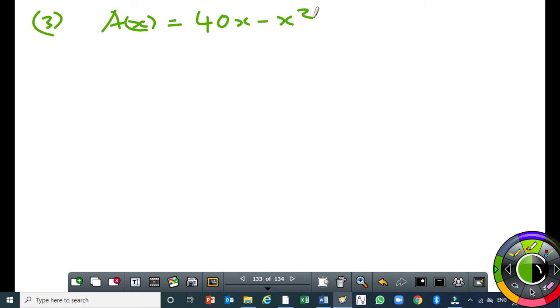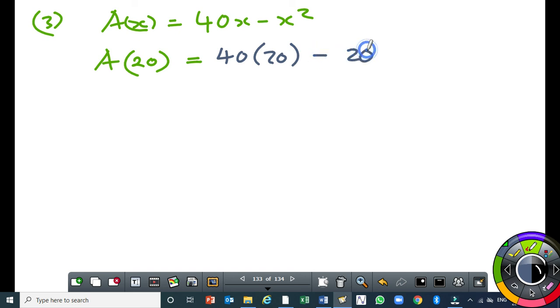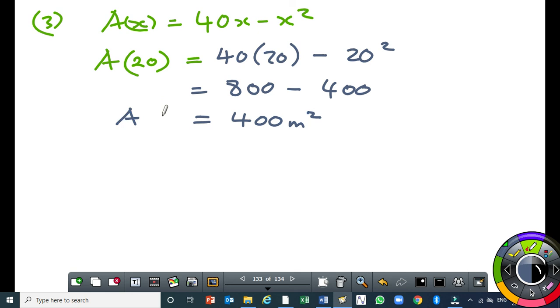To get it, I need to use the x value, which is the maximum as well. So this will be A(20). Remember, our x was what? 20. So it will be A(20) is equal to 40 times 20 minus 20 squared. This gives me 800, minus 400. So the final answer will be 400 square meters. Okay? That will be the answer.